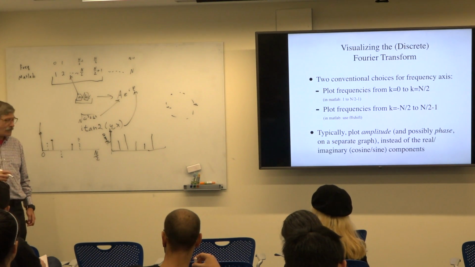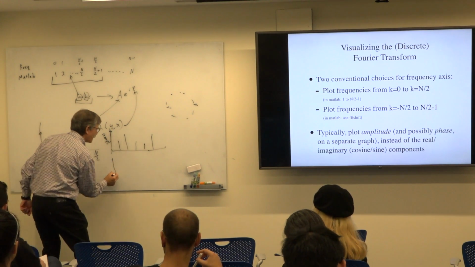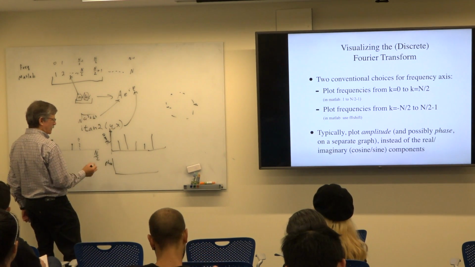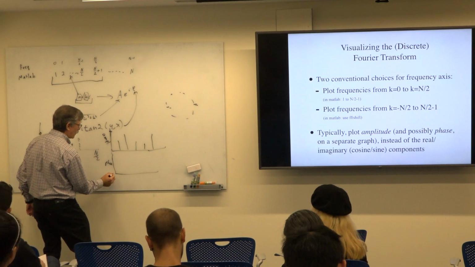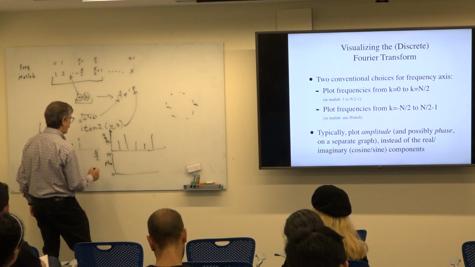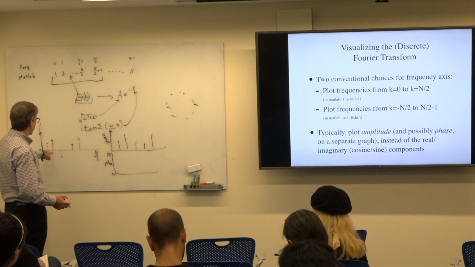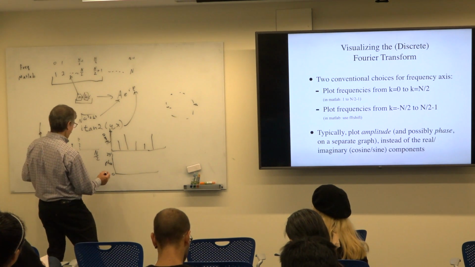Okay, and similarly, you could do a plot of phase. And so phase, for example, you might force it to go from 0 to 2 pi. And here it's really easy because we got a bunch of positive cosine bits.